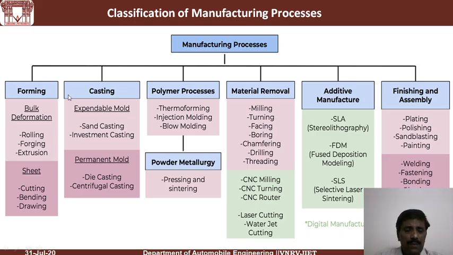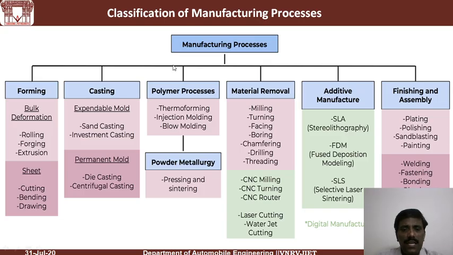And similarly, casting process. The second process is casting. This is the most widely used process in the industry, and we can produce very simple products as well as complicated or complex products using casting techniques. This is further classified into expendable molds and permanent molds. We'll discuss these in the coming classes.